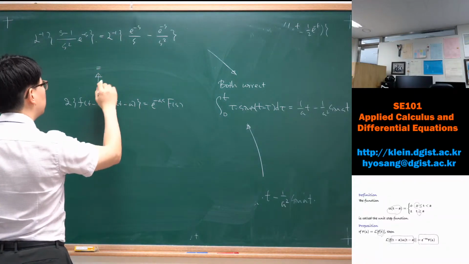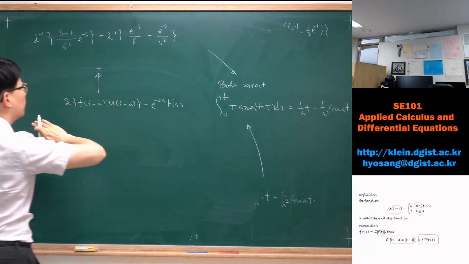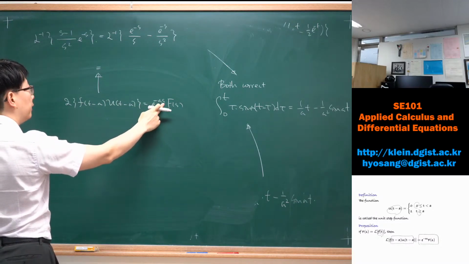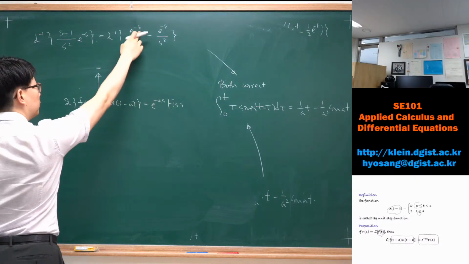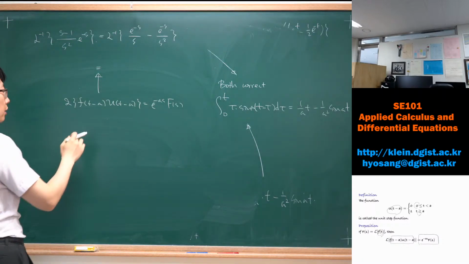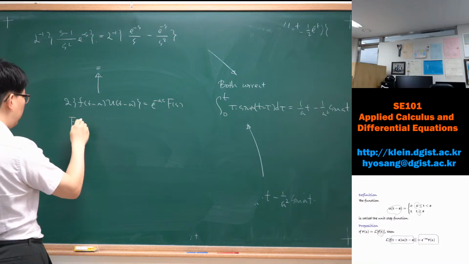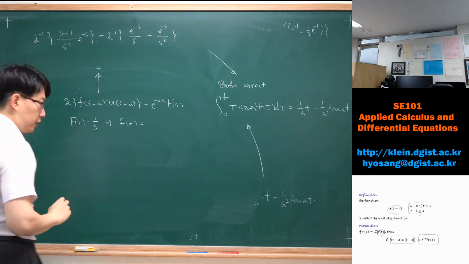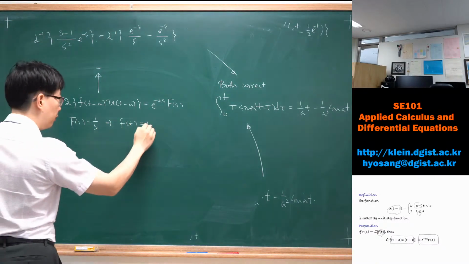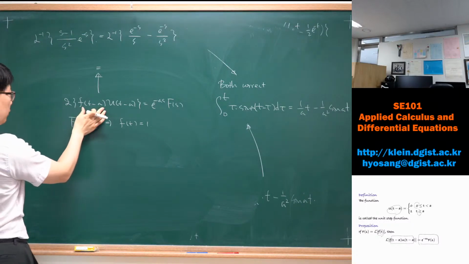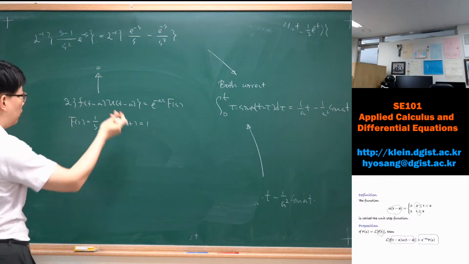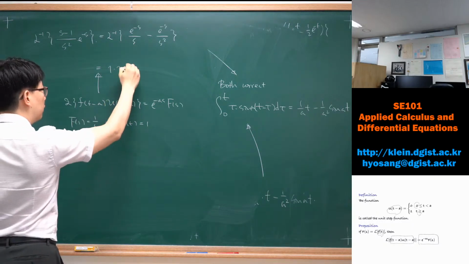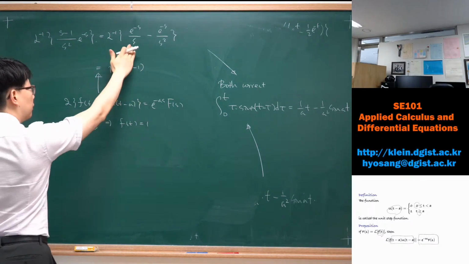So let's take it separately here. We have e to the negative 1s, and F of s is 1 over s. So if F of s is 1 over s, then what's the original function? It's 1, right? So I want to take the shift of 1, but it's already 1. So 1 times u of t minus 1. So that's the first part.